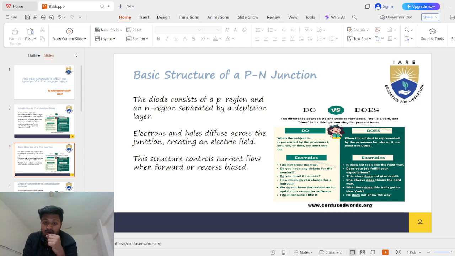When the diode is forward biased, positive connected to P side and negative to N side, the barrier becomes smaller and current flows easily. When the diode is reverse biased, connections are reversed. The barrier becomes larger and almost no current flows. So the diode allows current to flow in only one direction. That's why it's often called a one-way switch for electricity.